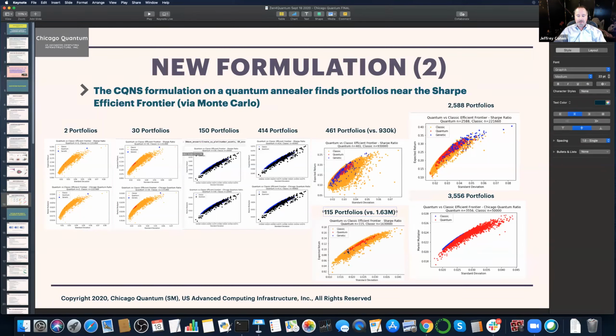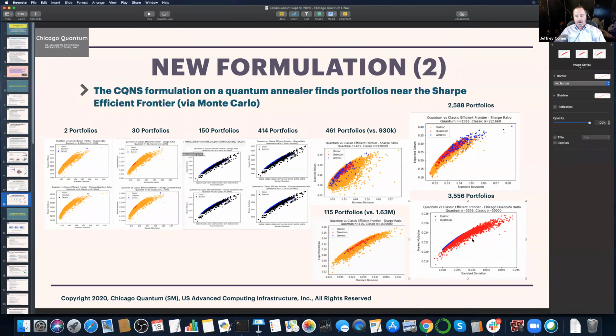The blue are the genetic algorithm, the simulated annealer, and those generally had lower standard deviations. It doesn't take many quantum solutions to basically validate the best answers. If we were to let it run and get, let's say, 50,000 quantum portfolios, we would most likely see the quantum dots, the red dots, completely overwhelm and even extend further than the Monte Carlo solutions.